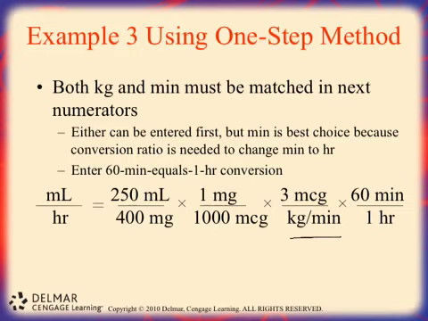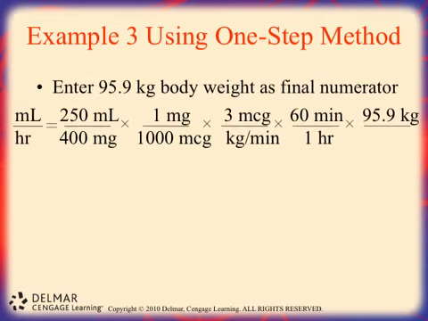So we've got our 3 micrograms per kilogram per minute, so we can put our 60 minutes is equal to 1 hour here. So then our next step, our numerator is going to have to include this so that we can cancel out both of these denominators. And you can see that that's what's done here. We started here. That was our dosage strength. Here's our conversion.